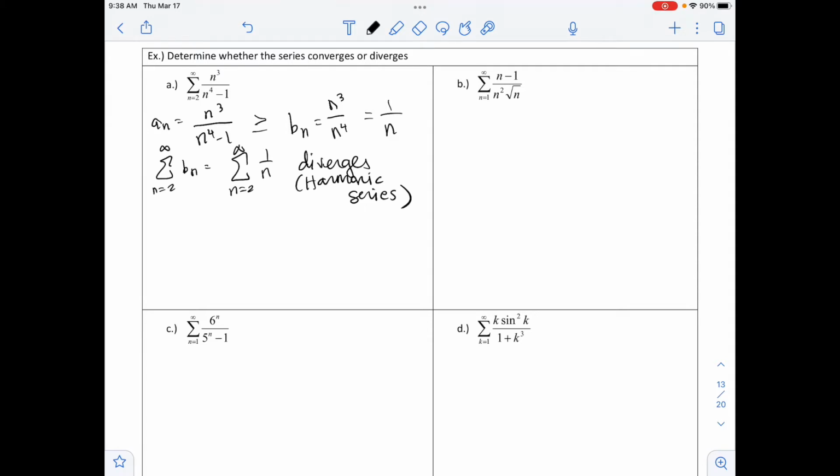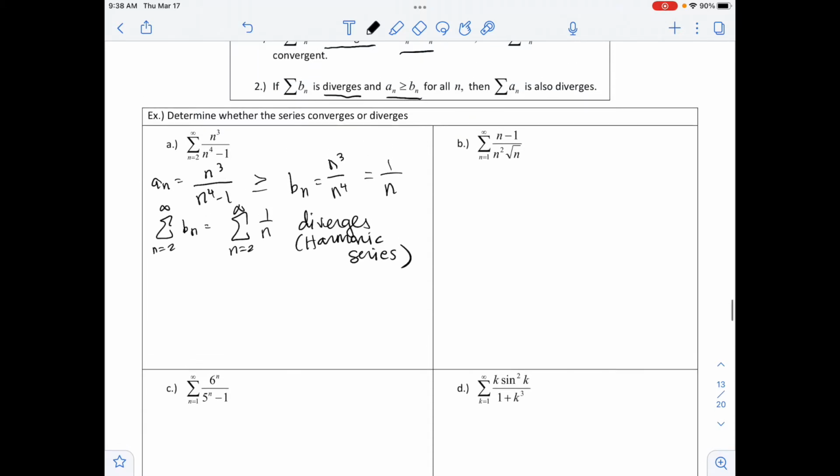And therefore, since we know that b sub n is going to be divergent, if you look right up above, if it's divergent and a sub n is greater than or equal to b sub n, which is our case for part A, so therefore we can say that the sum of our original, n equals 2 to infinity of n cubed over n to the fourth minus 1, is also going to be divergent.